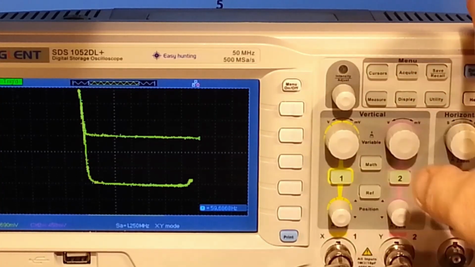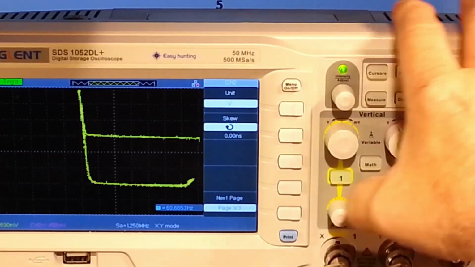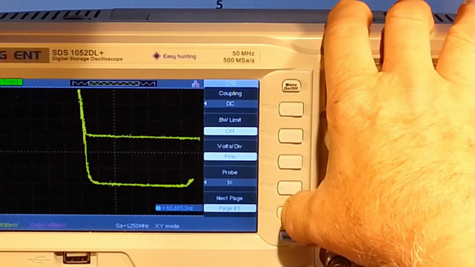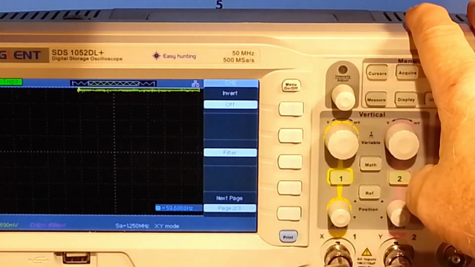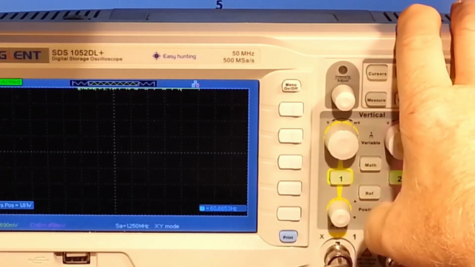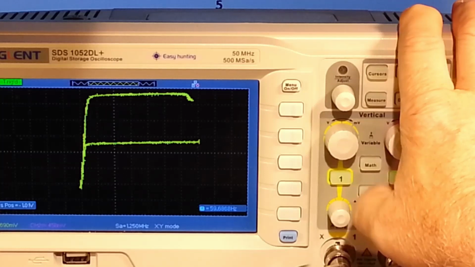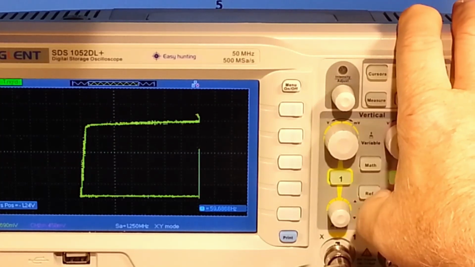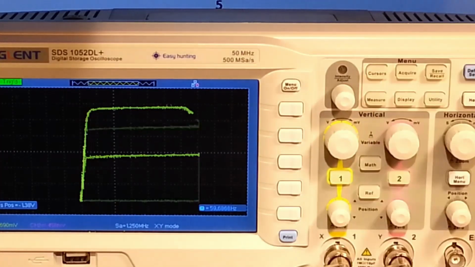Let me see if I can invert this particular. If I take the invert off, that would work. Menu off, then I've got to reposition my waveform because it's gone totally off screen. So this looks more like a normal trace.